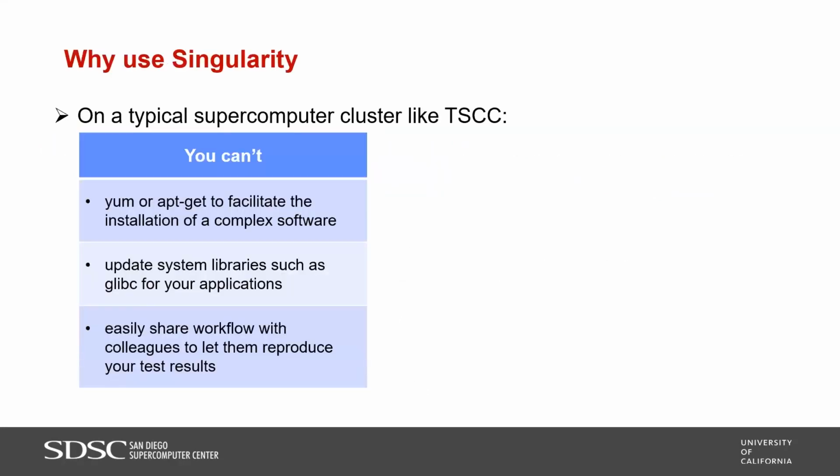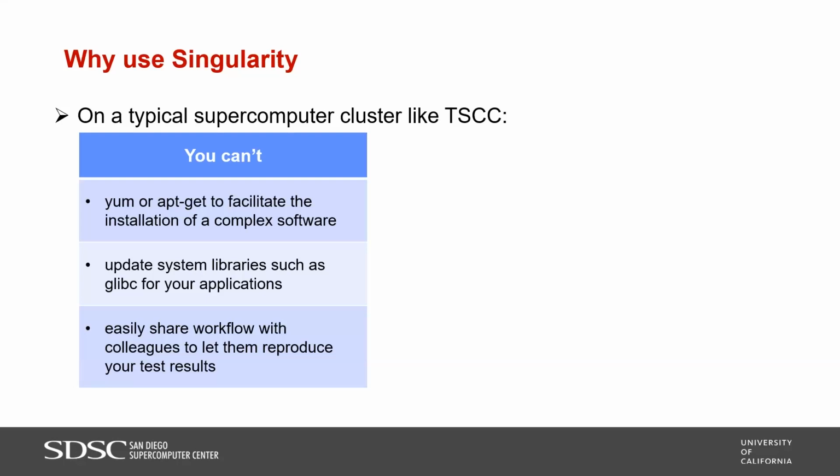Okay, so here is the first thing I would like to talk about. Why do we use Singularity? If you are an HPC user, no matter whether you are new or have been for many years, you may find that on a typical supercomputer cluster, you cannot use some commonly used Linux commands to install software.